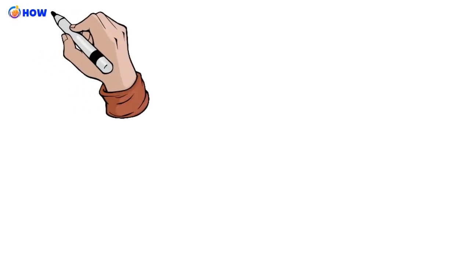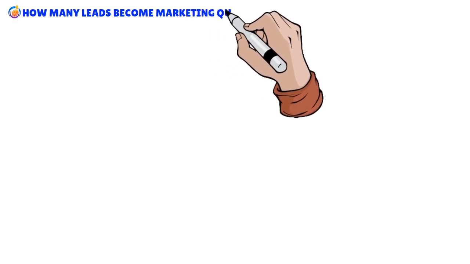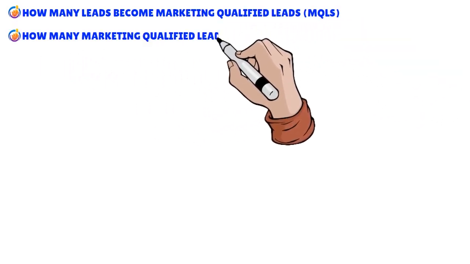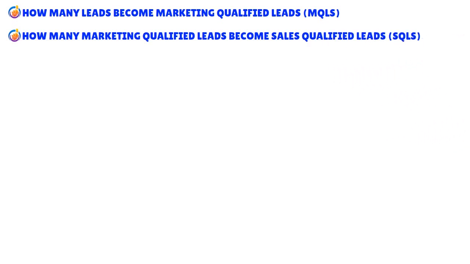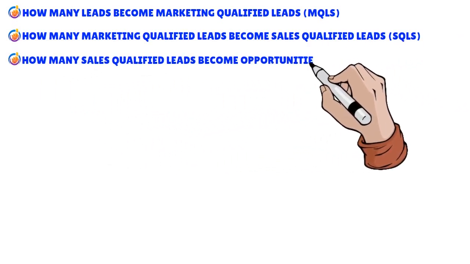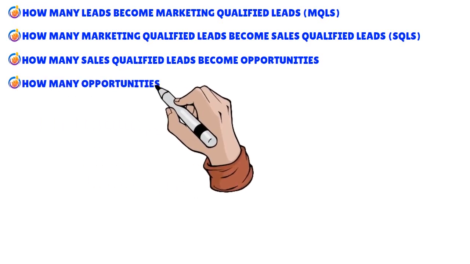This includes how many leads become marketing qualified leads, MQLs, how many marketing qualified leads become sales qualified leads, the SQLs, how many sales qualified leads become opportunities, and lastly, how many opportunities turn into customers.